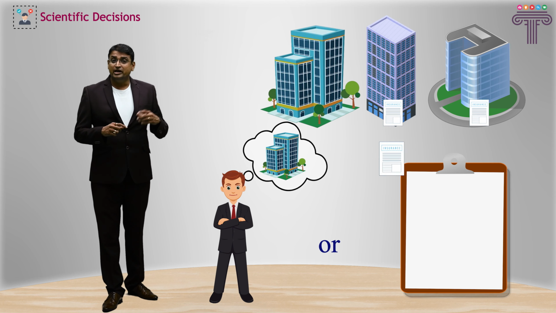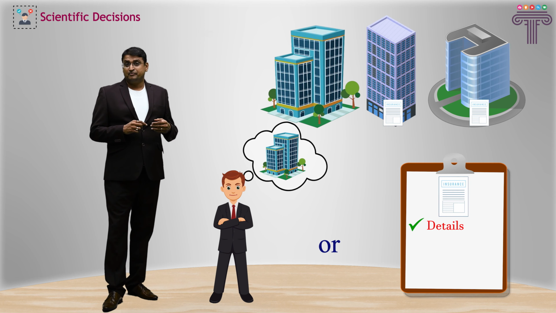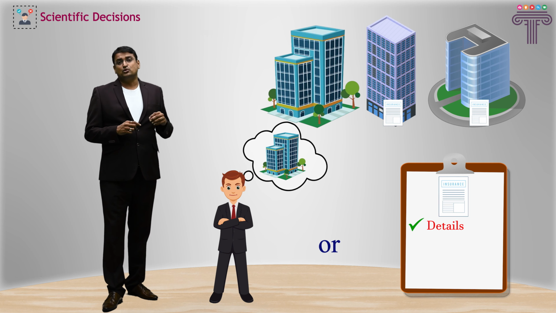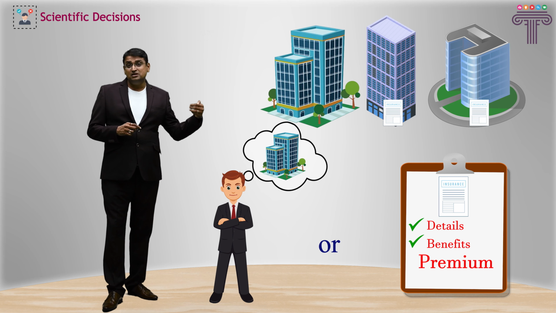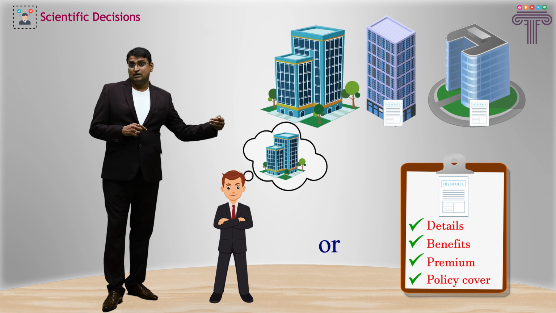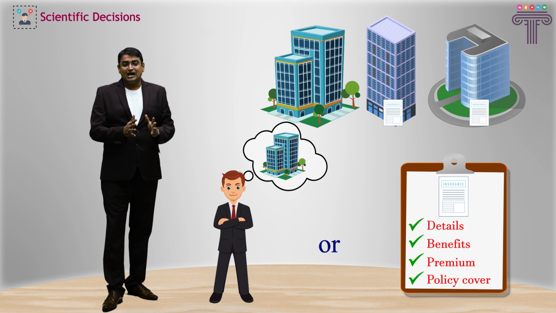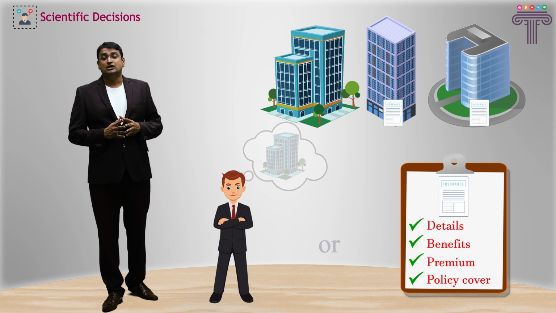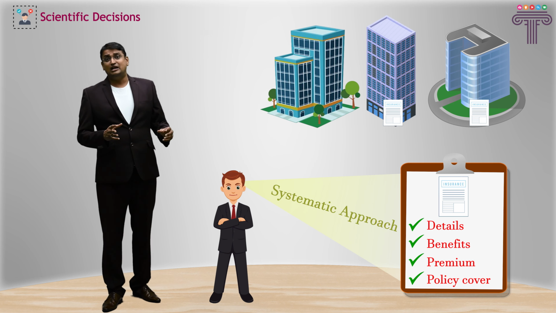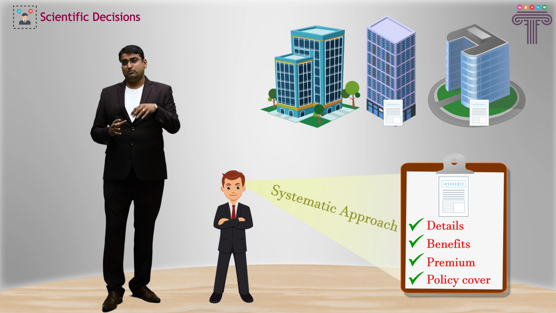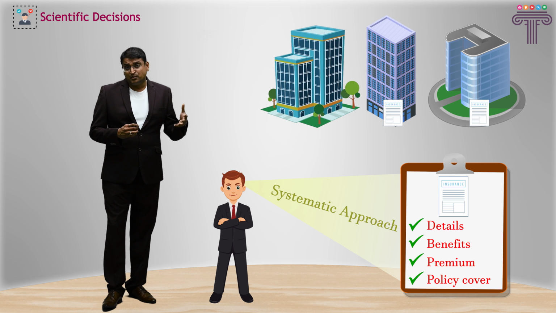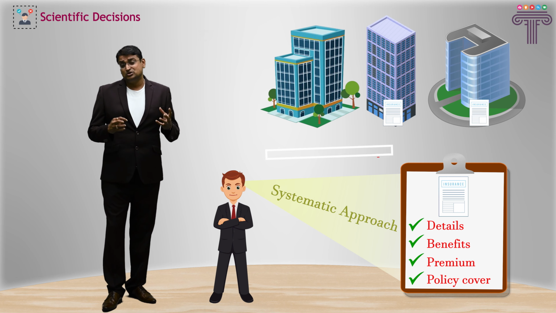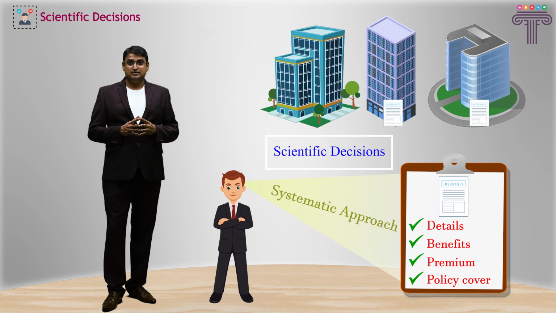Or shall I go into the details of it? A systematic approach identifies the benefits, knows the premium, knows the policy cover, and so on and so forth. So I do a comparative study, a systematic approach while arriving at a specific policy. Decisions where a balanced, systematic approach is used are basically scientific decisions.